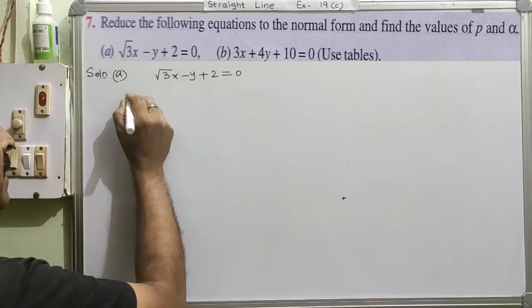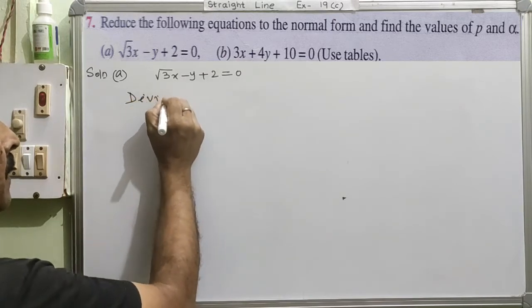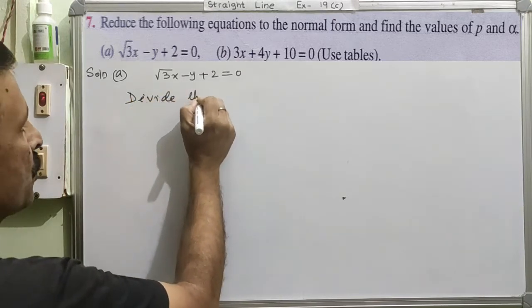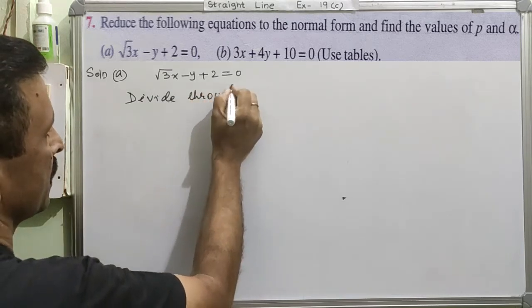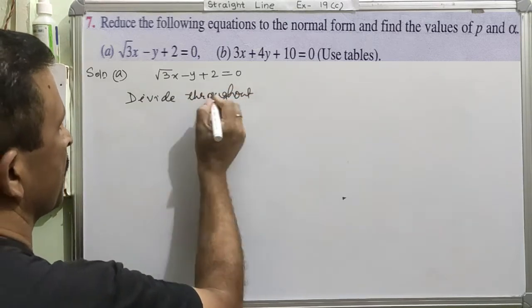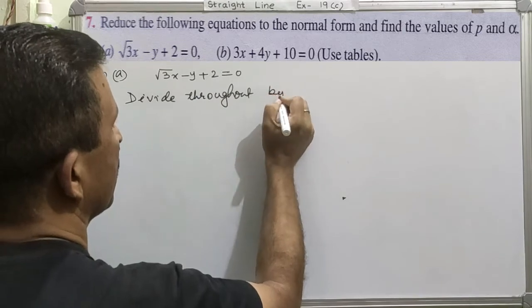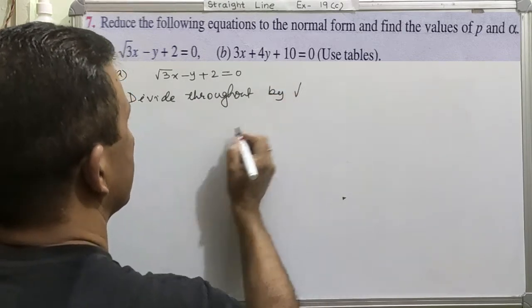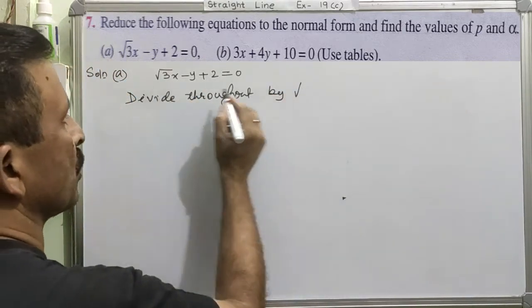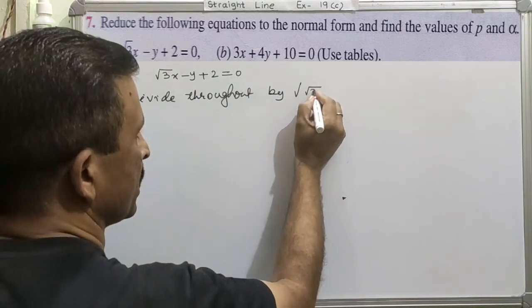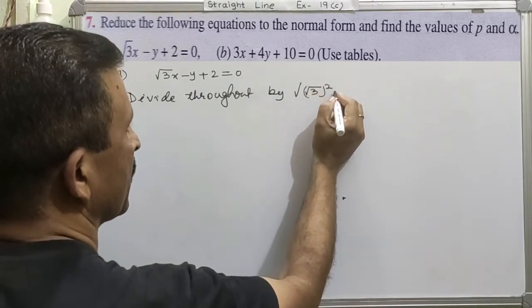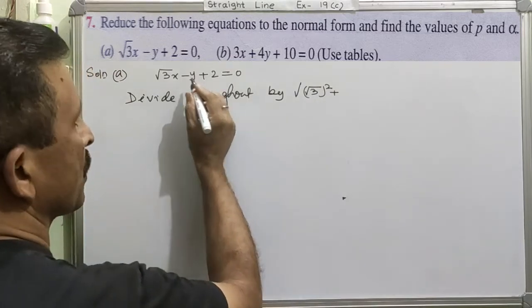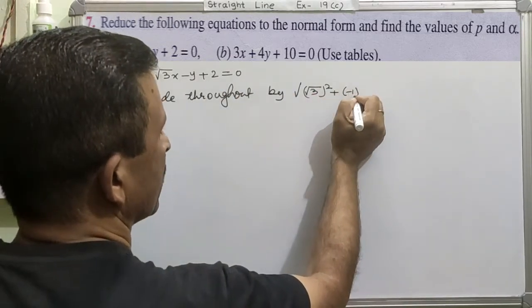So we'll write here divide throughout by root over coefficient of x is root 3 and then square plus coefficient of y is minus 1 square.